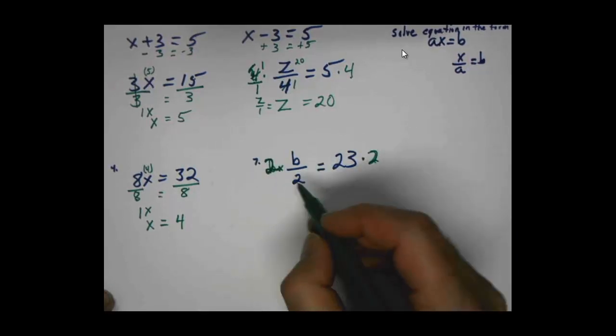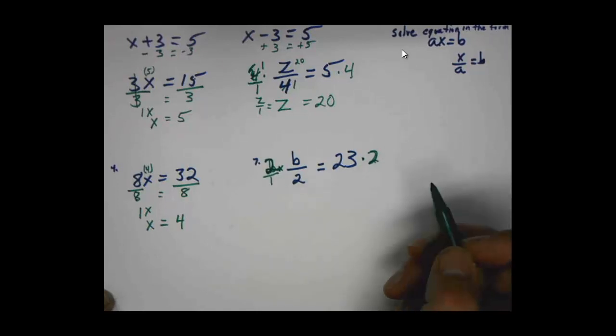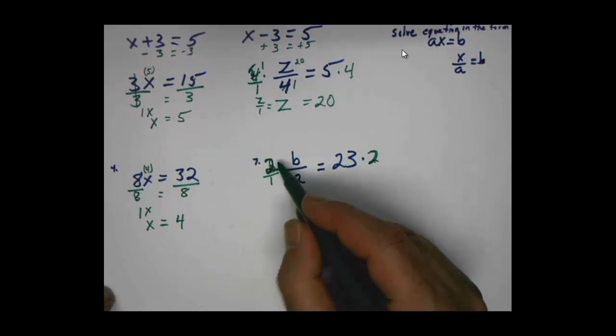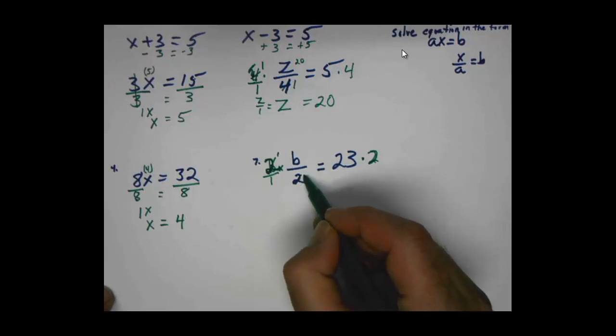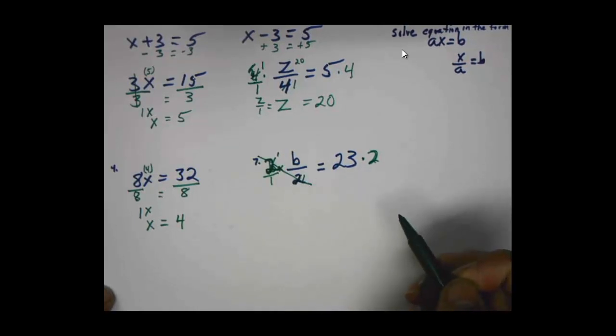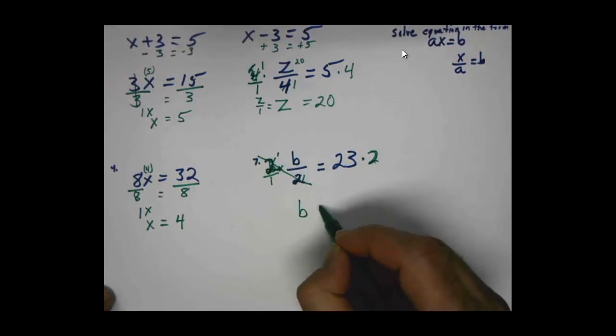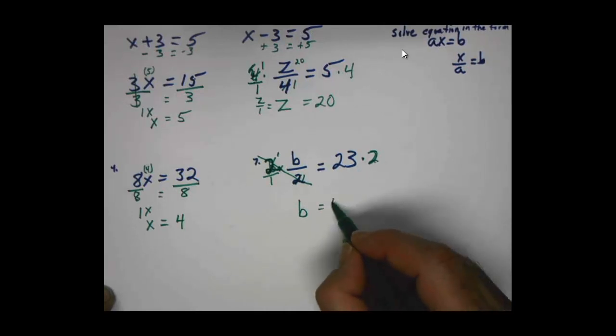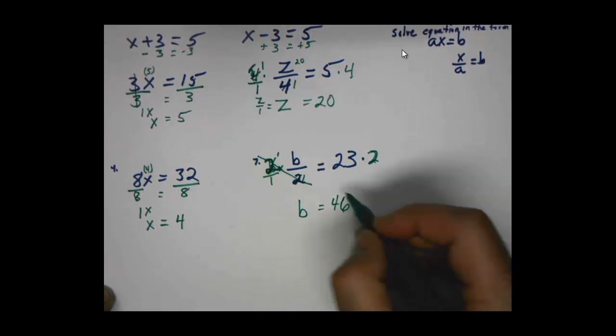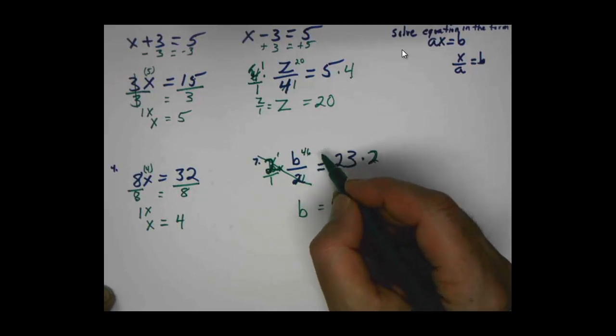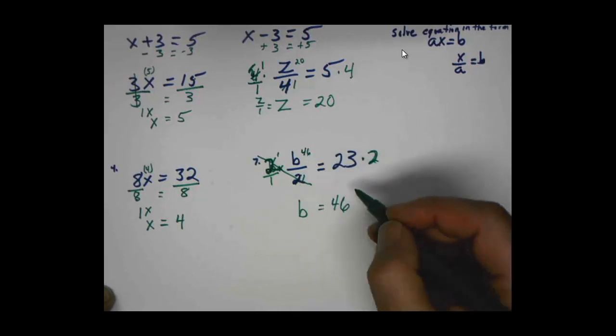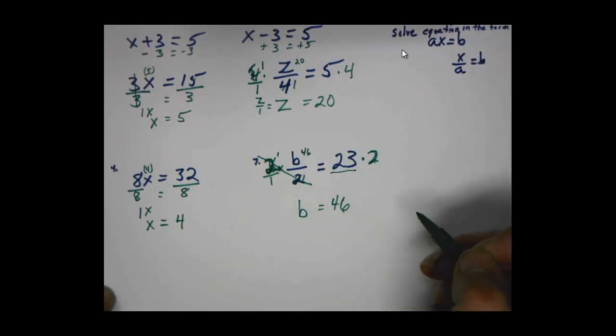So, again, whole numbers go over 1. So how many 2's in 2? 1. So they basically just cancel. We're left with b. 2 times 23 is 46. Plug it back in real quick as a check. 46 divided by 2 is indeed 23.